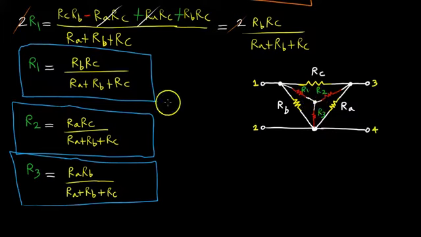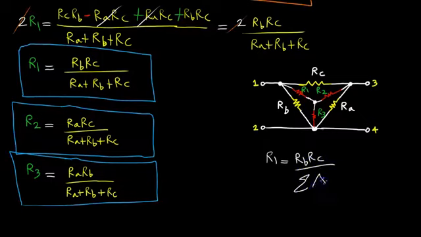And what we would say is that R1, whichever resistor you're looking at, so for example R1, is going to be the multiplication of the adjacent delta network's resistors, so RB and RC in this case, over the sum of the delta network's resistors. That's going to be the rule that we're going to follow. Let me just write resistors here.